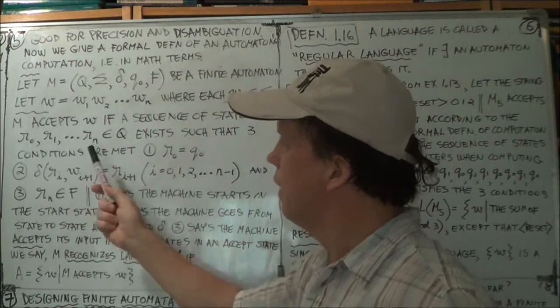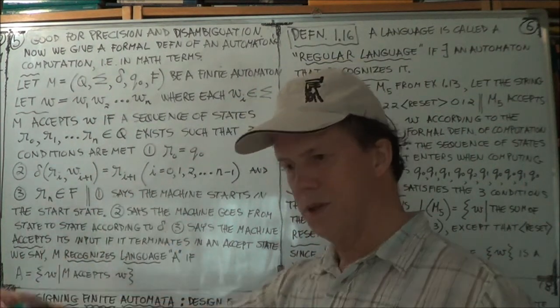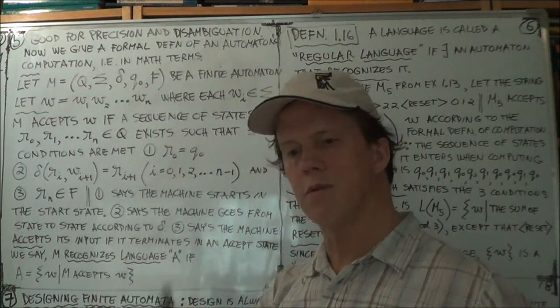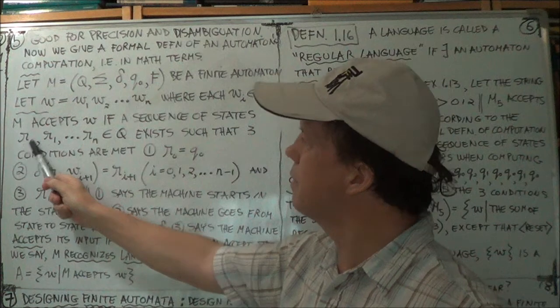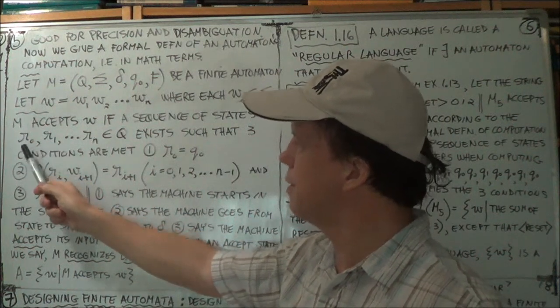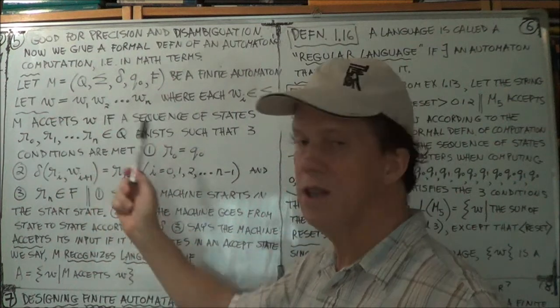So as the automaton reads through the input stream, its state will be changing, and so it goes through a sequence of these states. So state R0, state R1, ... state Rn. Now these might just be integers, right?